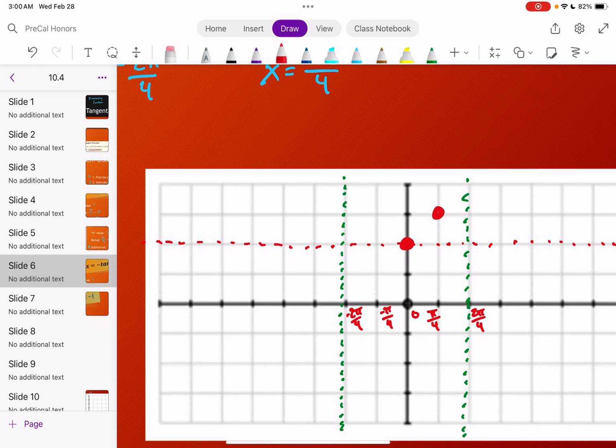And remember, this is the case because we have a positive equation. As we move left 1, we're going to move down 1. Once again, you connect your dots, move up and to the right, down and to the left.